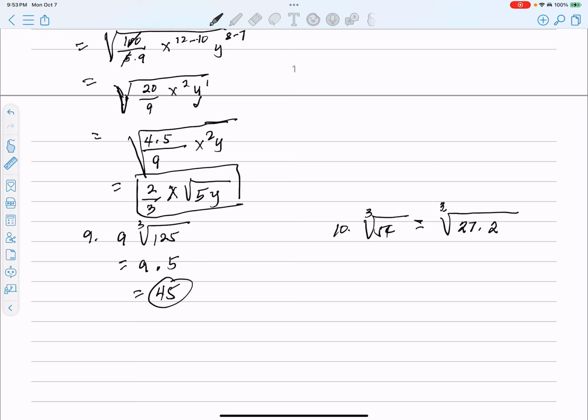Is 27 a perfect cube? What number, when you multiply 3 times, will give you 27? Isn't it 3 times 3 times 3? That is 27. So the cube root of 27 is 3. But the cube root of 2 cannot be simplified. So this will be your answer.